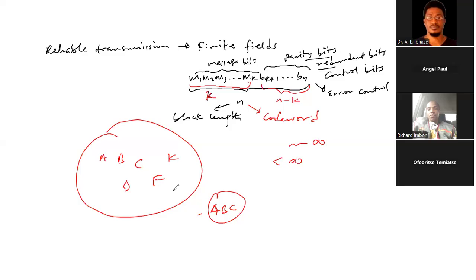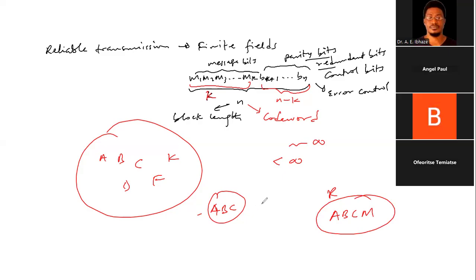Now, if, for instance, I receive A, B, C, M, what can we say about what we have received? There is noise.